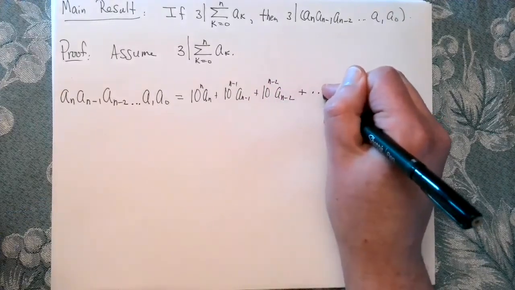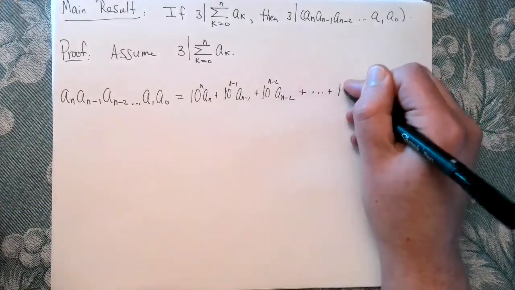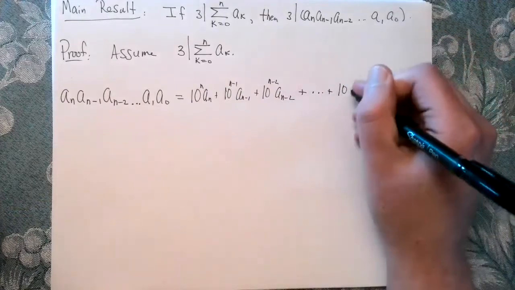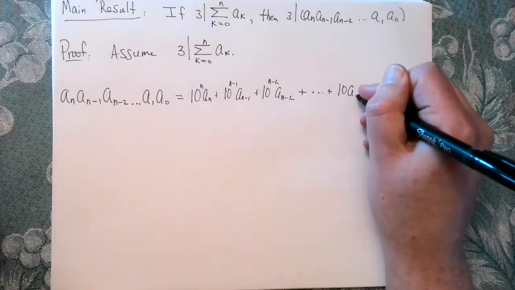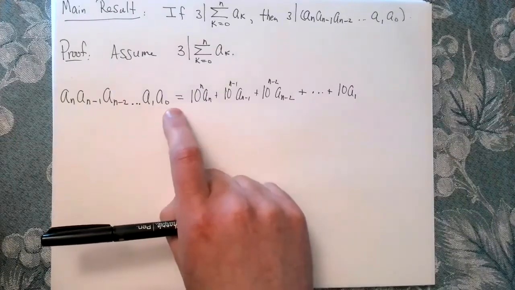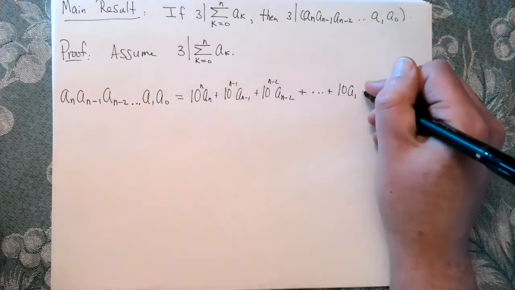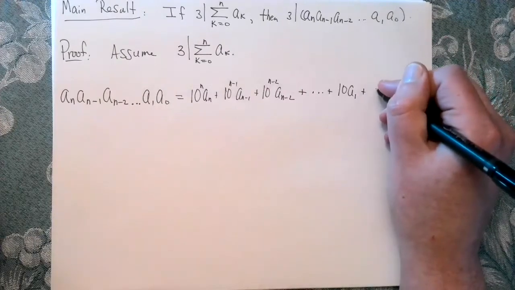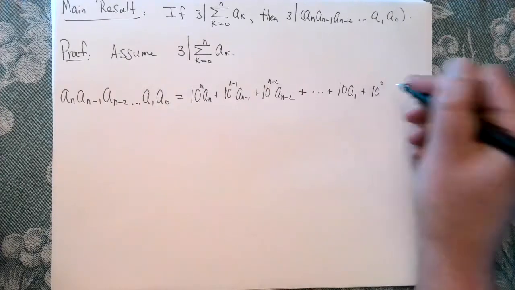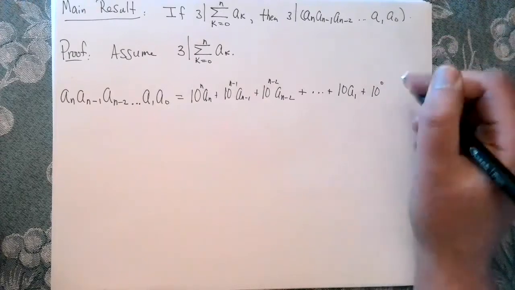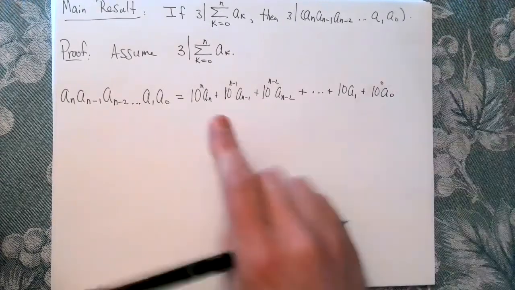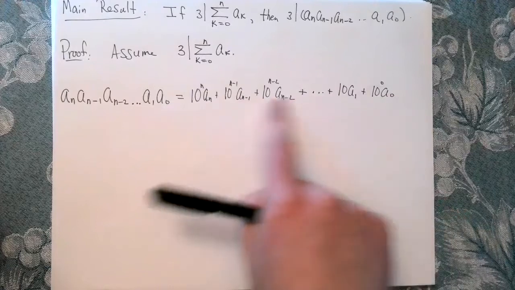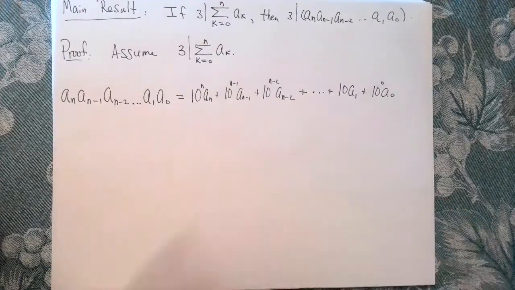We keep going down the road until we get 10 to the first times a sub 1. I could write this as 10 to the 0 times a sub 0 if I wanted to, and why not? Let's do that. I'm not going to need the 10 to the 0 in a moment, but I could certainly write it this way. Okay, so using digit place value, we can rewrite any number in this way.